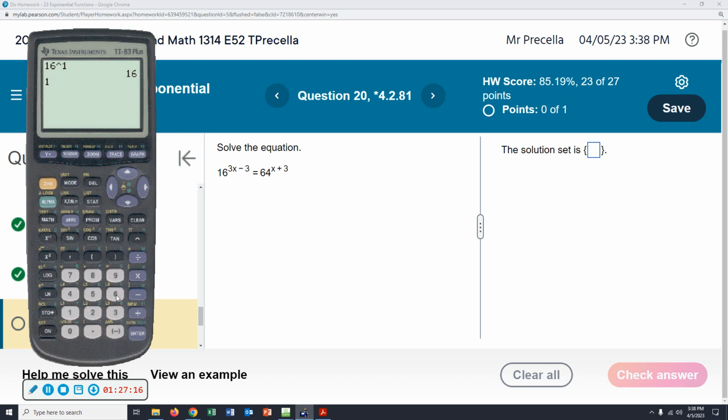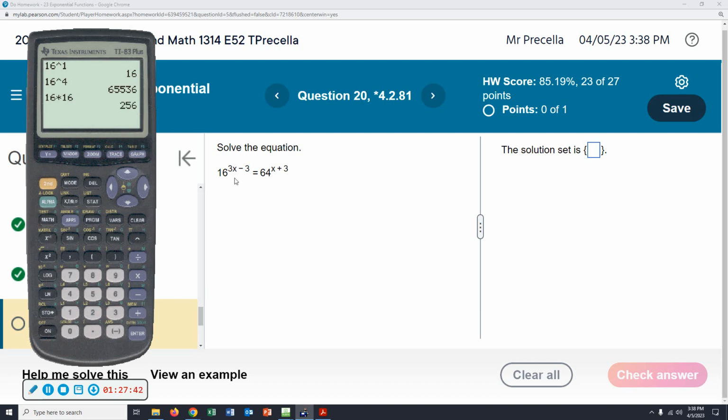And y'all are saying 16 to the fourth? Okay, let's see. Is 16 to the fourth 64? No. Isn't 16 times 16 256? Punch that in. What's 16 squared? I'm thinking it's 256. Yeah.